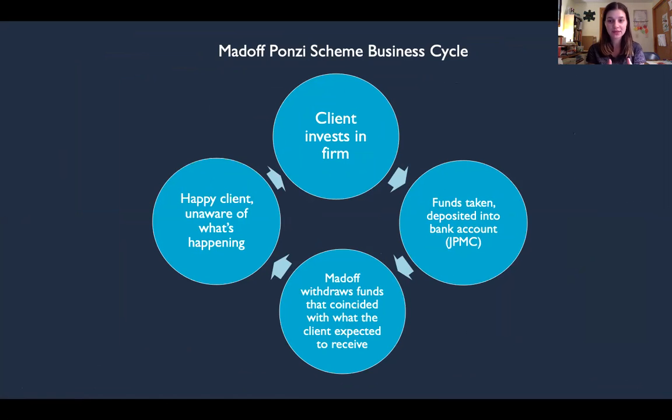Madoff puts those funds into the accounts. When the time comes, Madoff will withdraw funds that coincide with what the client expected to receive from that bank account. So if client A expected $10,000, he will withdraw that money. Client A is happy, unaware of what's happening. And when client C comes along, client B will get their money, and so forth.